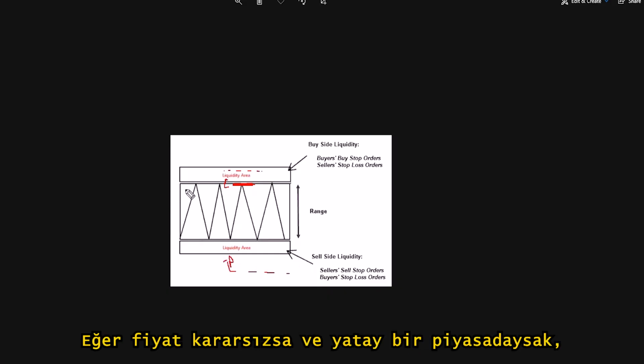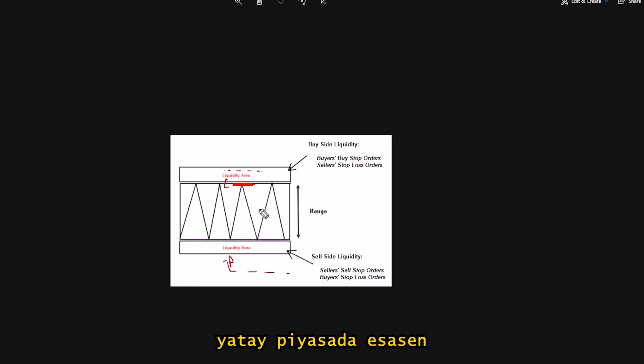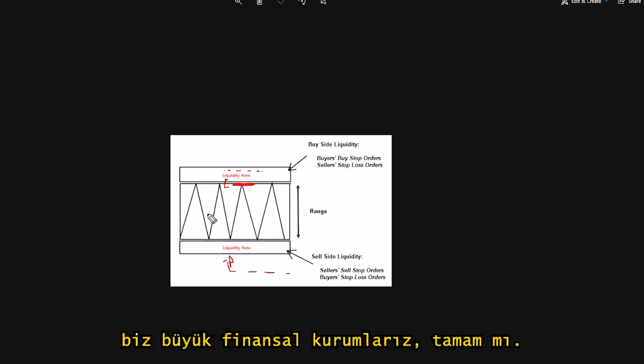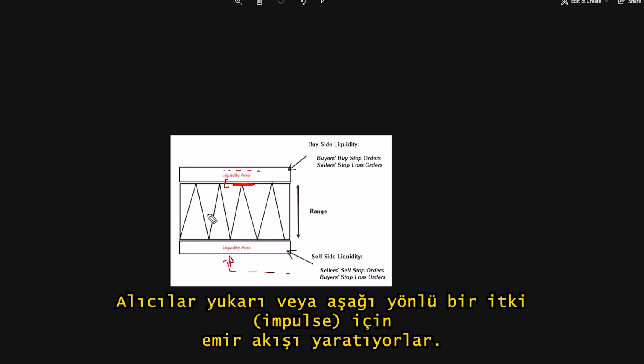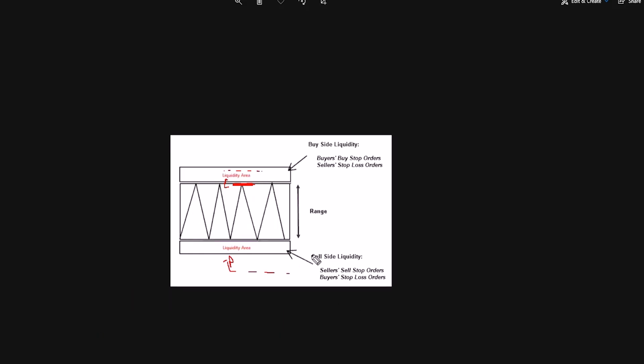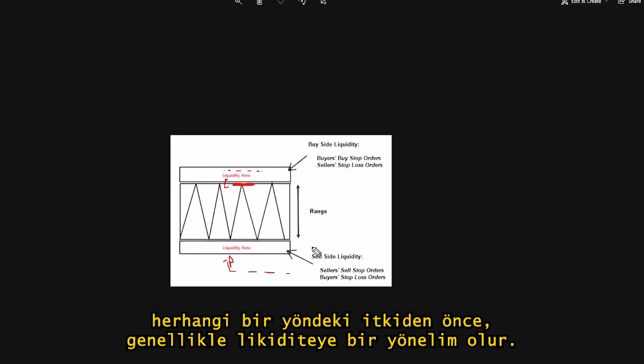Now, if price is being undecisive and we're in a ranging market, that's where big financial institutions, BFIs, are generating order flow for either an impulse to the upside or to the downside. Before an impulse in either direction, there's usually a draw on liquidity.